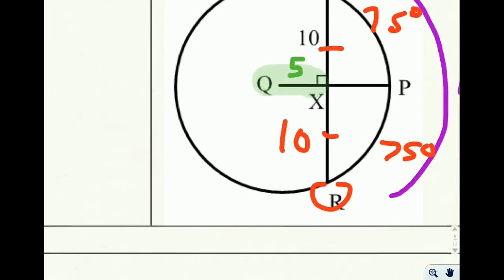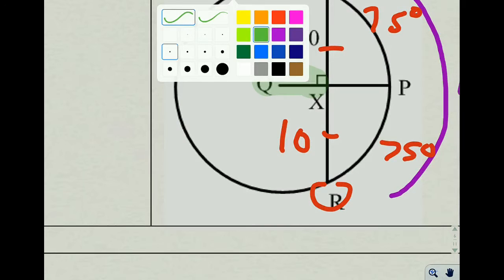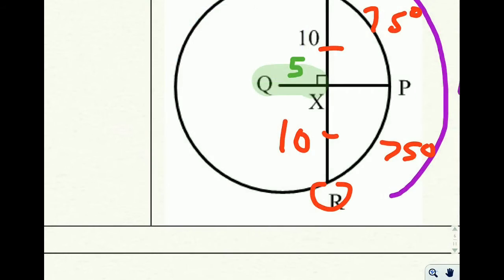One thing we can consider here is that we can make a right triangle. So since we have a right angle, we can go and take this 5 and make that a side, and this 10 over here and make that a side. I'm actually going to rewrite the 10 so that it's a little clearer where it actually belongs. 5 up there, 10 up there, and then we need to figure out what that unknown side is.